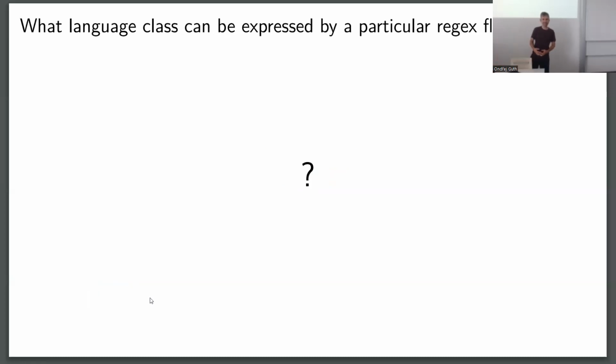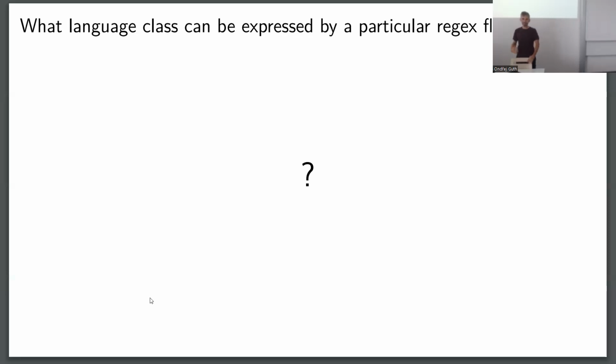So the question is, we know that we have something with extended syntax, and what can we match? What are the problems we can match with them, and what are the problems we cannot? With classical regular expressions, it's simple. When it's a regular language, we can. When it's something else, we can't.